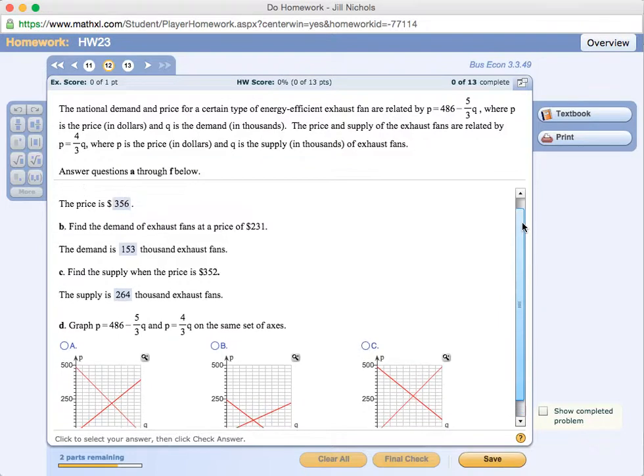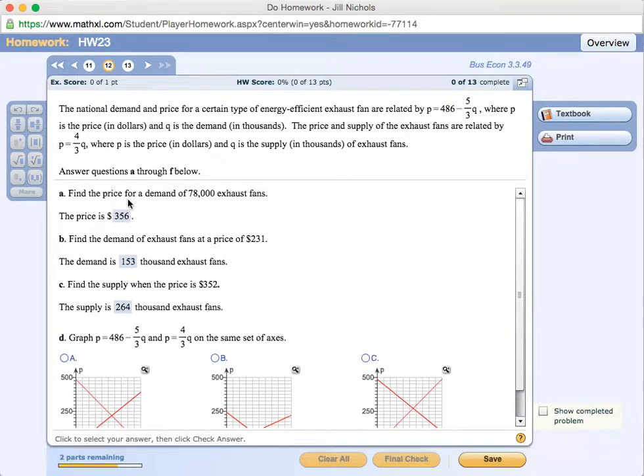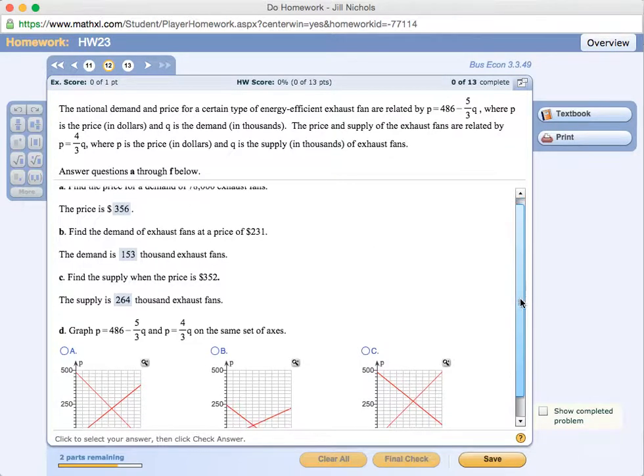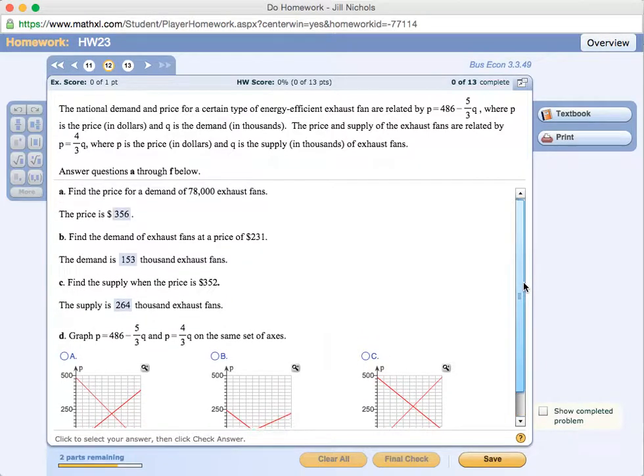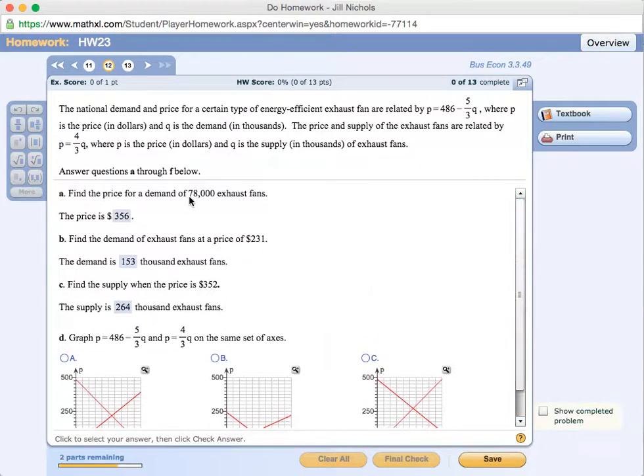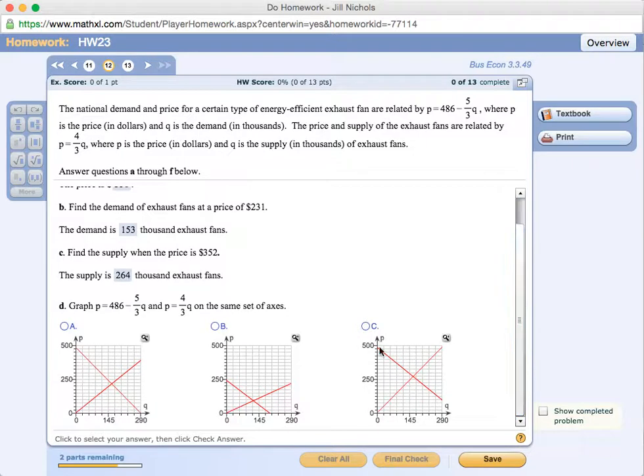So let's look at the numbers we just computed. Demand, well, when demand is 78, price is 356. That's the demand function, which is the one going down. So it's got the coordinate point 356 comma 78 on that demand function going down.